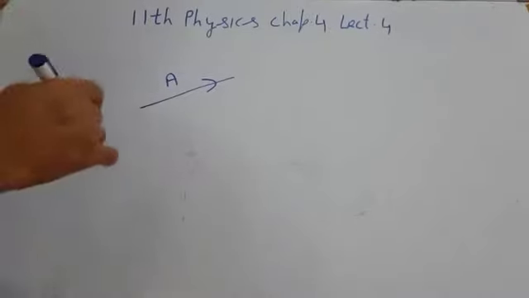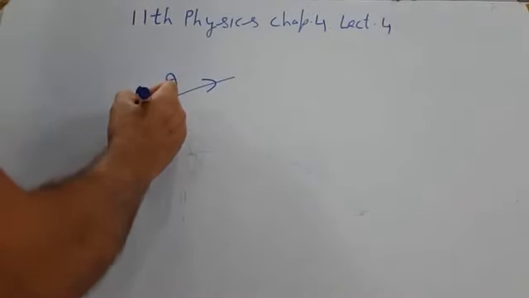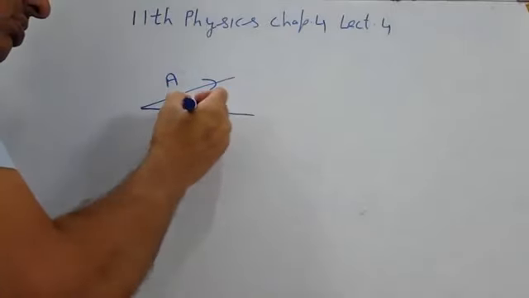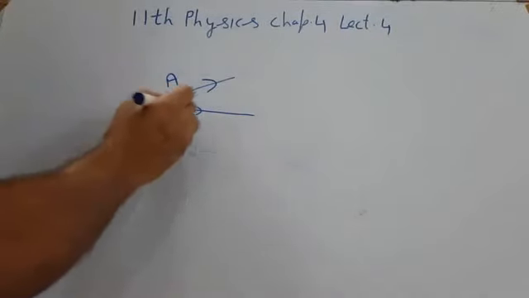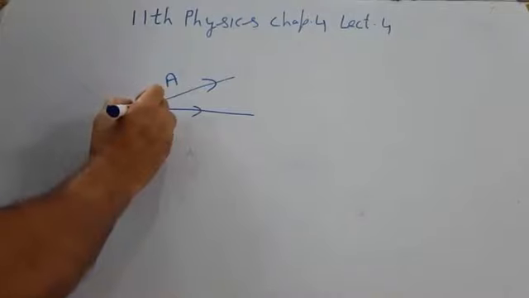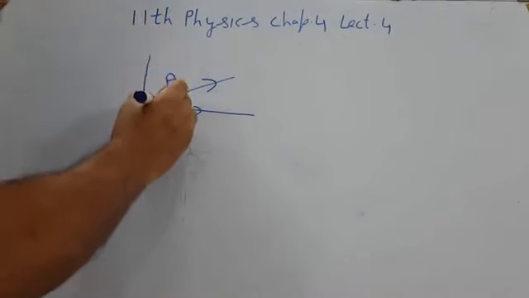So what is the procedure? Suppose we want to resolve along one direction which is given; the second will be perpendicular to the first. So draw a perpendicular on this line. This angle is theta.